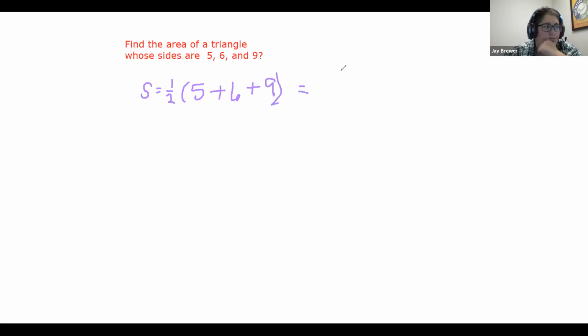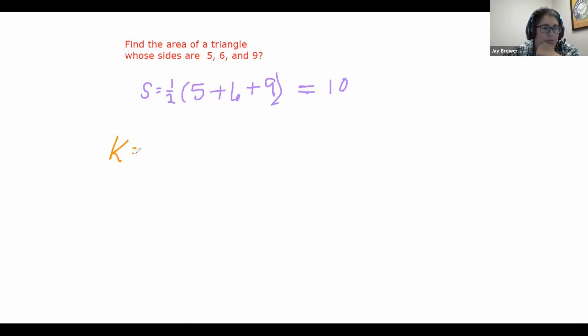Okay, so if we figure that out, we're going to end up getting, let's see, 5 and 6 is 11, plus 9 is 20, 20 divided by 2, so we get S equals 10. All right. And now we have to plug it into the formula.